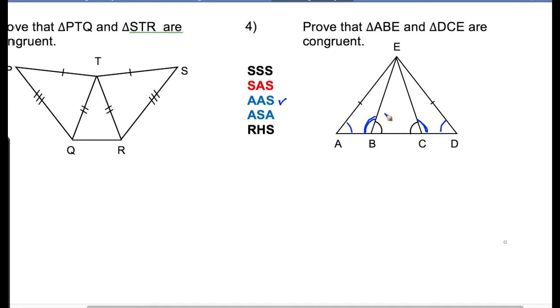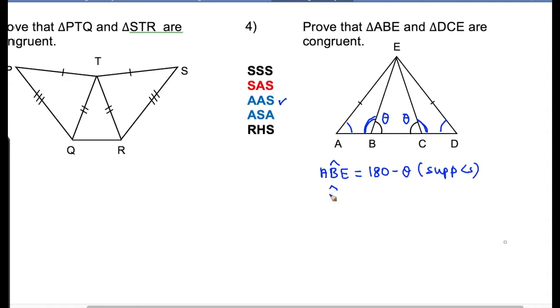Now we proceed to find the unknown angle. We name these two angles theta because they are the same, they are given. Therefore, we have angle ABE equals 180 minus theta, because they are supplementary angles.